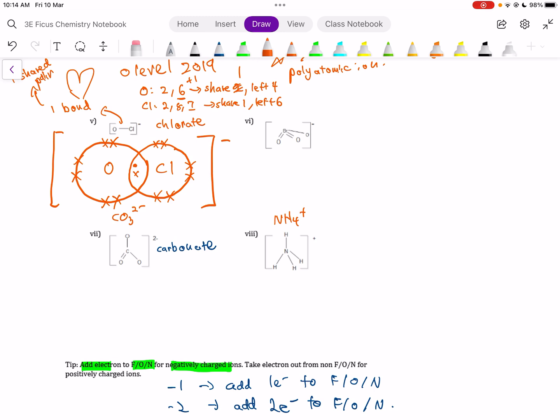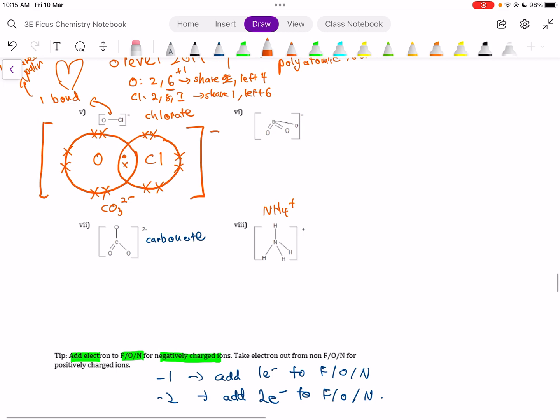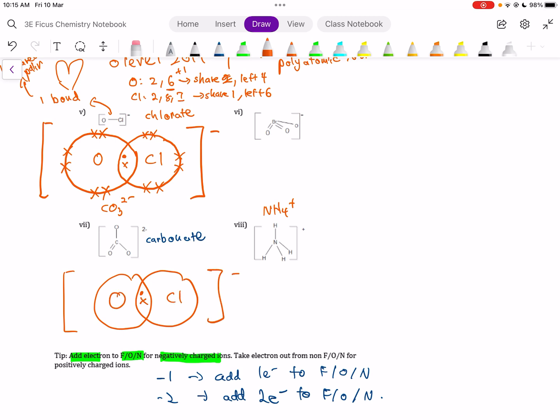The mistake that some of your seniors made was this: they let it be 6, then shared, and were left with 5. Generally most can share 1 pair, and the chlorine is no issue, according to what we usually learn.